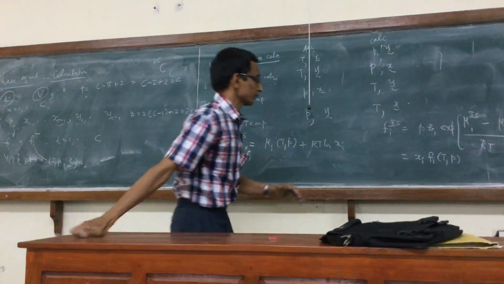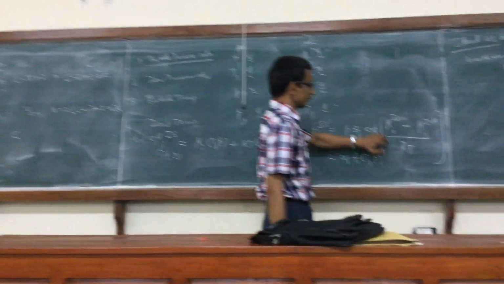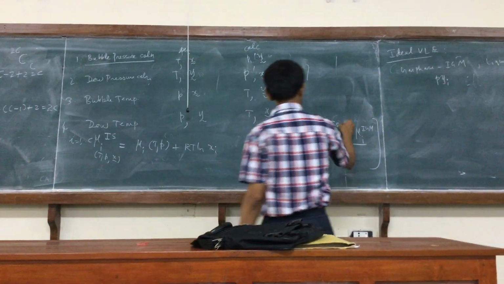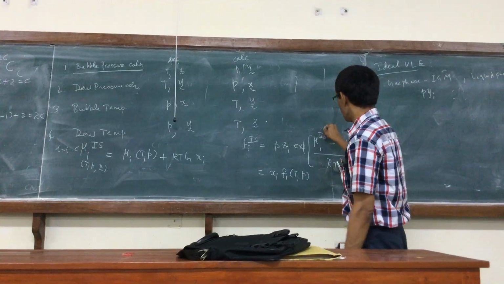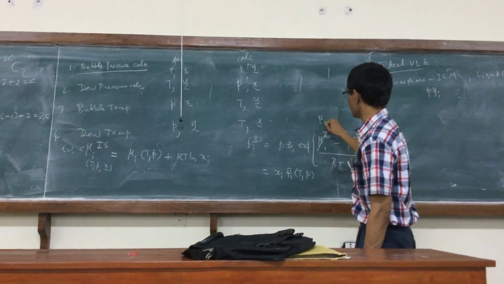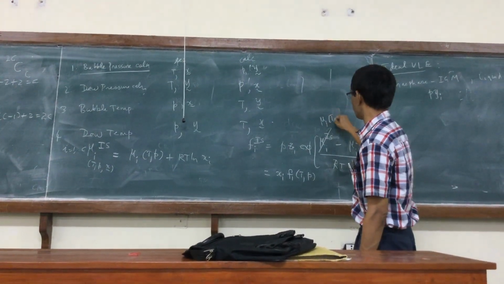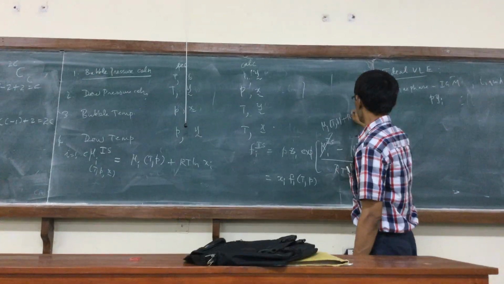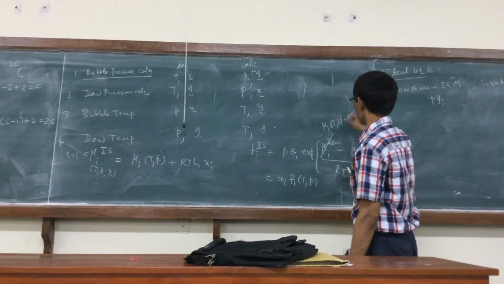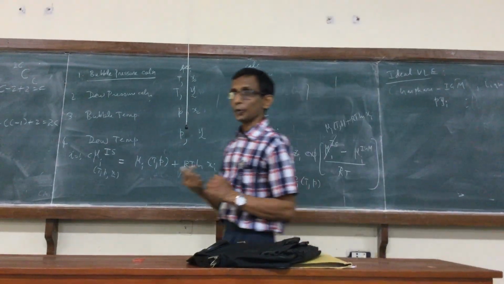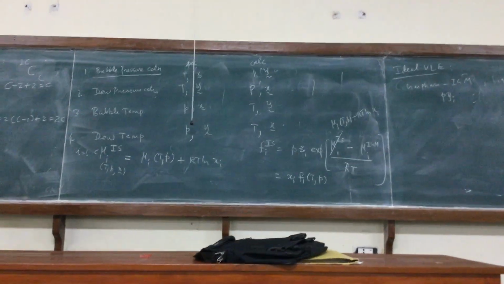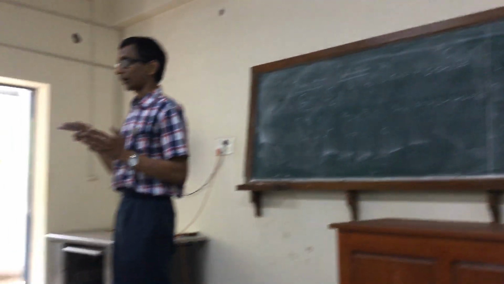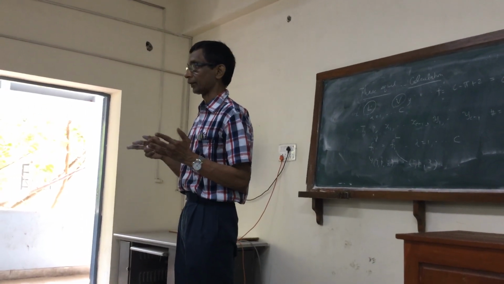How would you prove it? Because I have to bring in the fugacity. Fugacity we know; this will bring in the ideal, this is the mu I of T, p plus RT log xi. If we want to bring in the fugacity of the pure component, we have already seen how to proceed with the derivation. It's again a question of adding and subtracting.